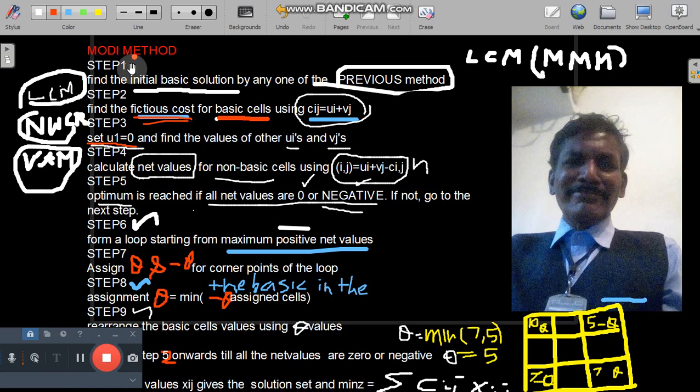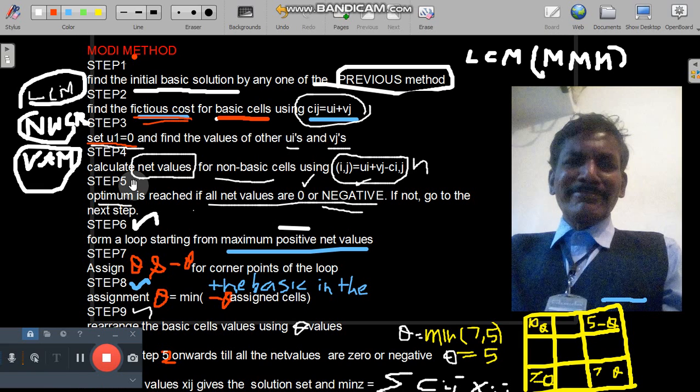So first step, the initial basic solution we have to find out. Second step, fixed cost for basic cells using the formula Cij equals Ui plus Vj. Third step, find Uis and Vjs by setting U1 equal to 0. Fourth step, finding the net values for non-basic cells using the formula Iij equals Ui plus Vj minus Cij.